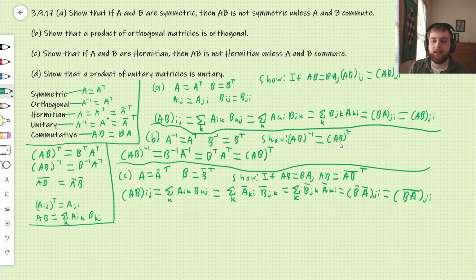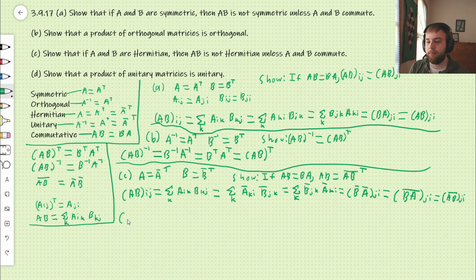Once again, this is only equal to this if AB equals BA. That's the only way we can swap those around and have it still work. But with that being said, we did just show that this is the case if they do commute.